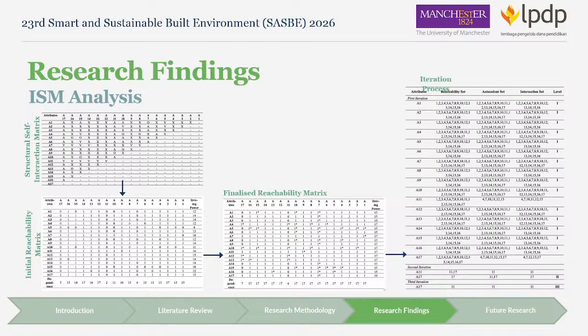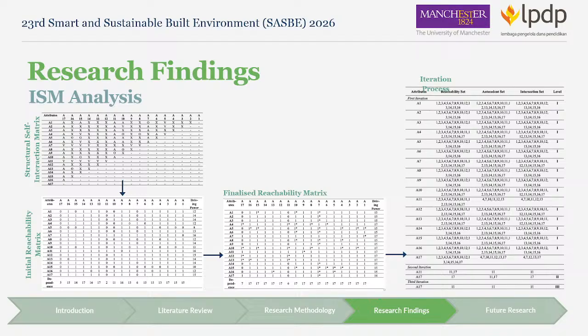This is about the research findings. We use the ISM analysis with this complex table that maybe you don't need to understand. This process starts from a structural self-interaction matrix that we convert from VAXO, which we use to identify the interrelationships. Then we convert the letters into numbers. When there is an interrelationship we put 1, and no relationship 0.